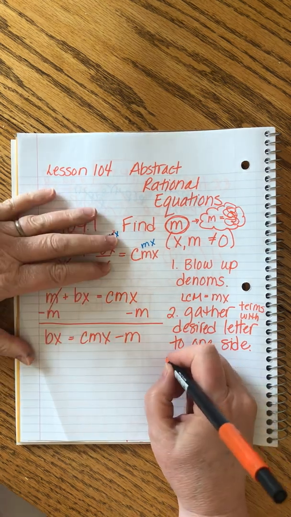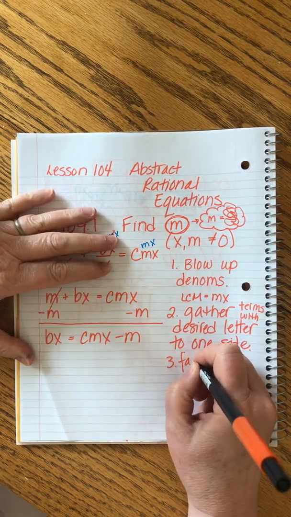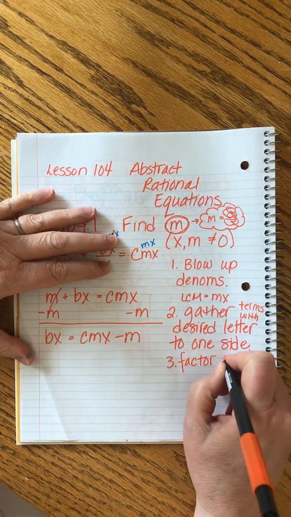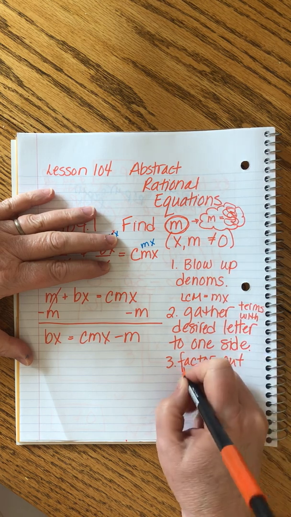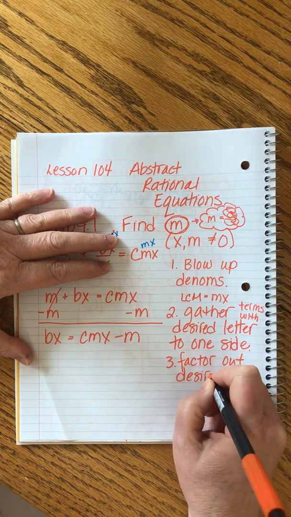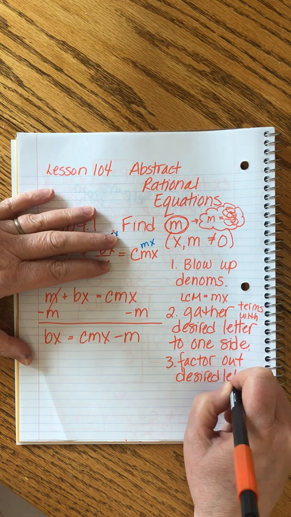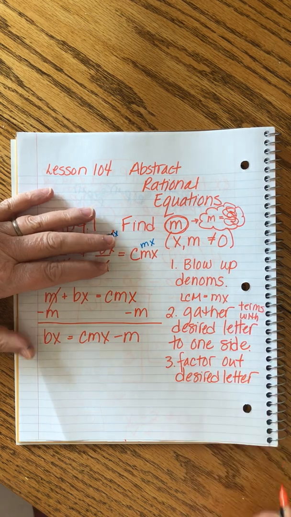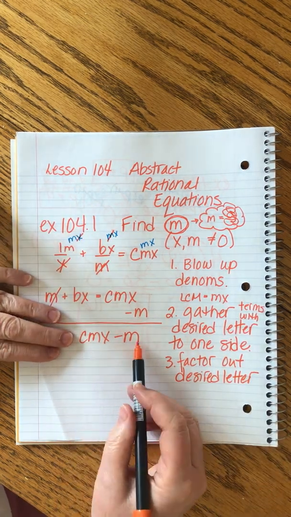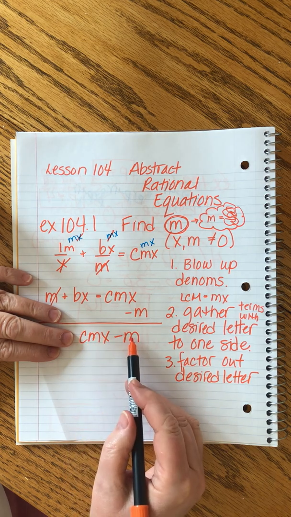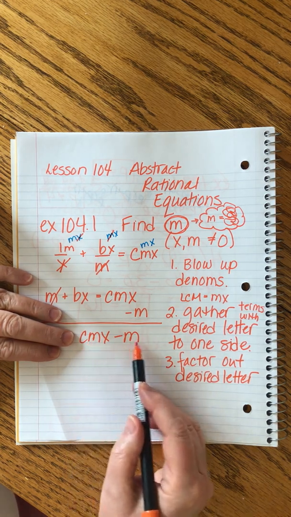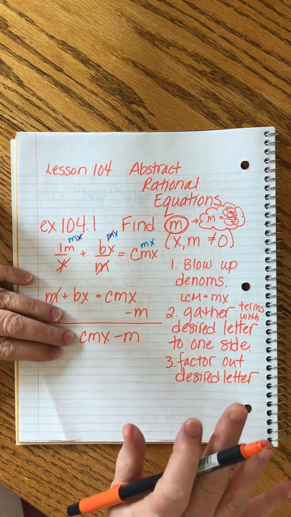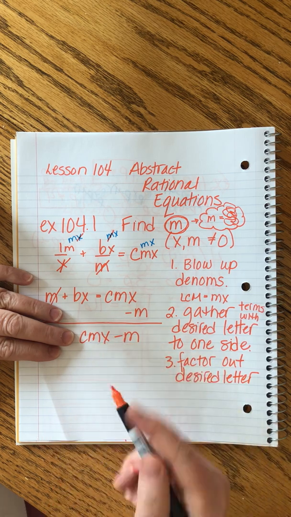Okay. Three, factor out the desired letter. Okay, that's going to be just looking at this side. See how we have cmx minus m? By definition, every term on the side we set it up to be on will have that letter in it.